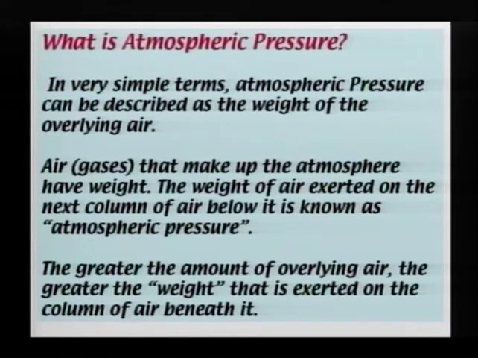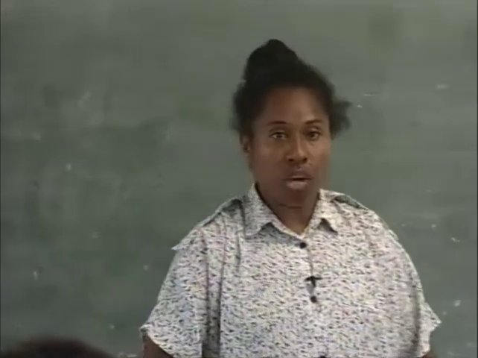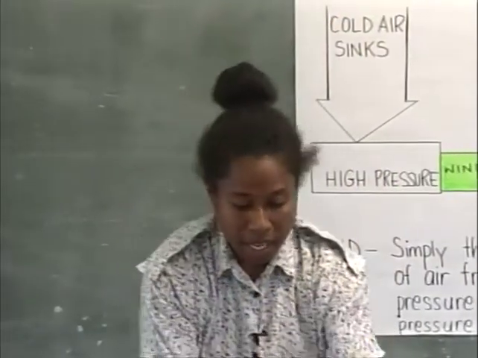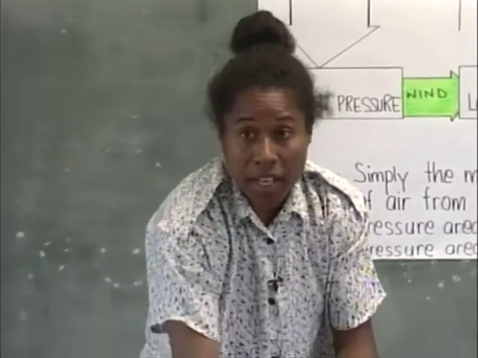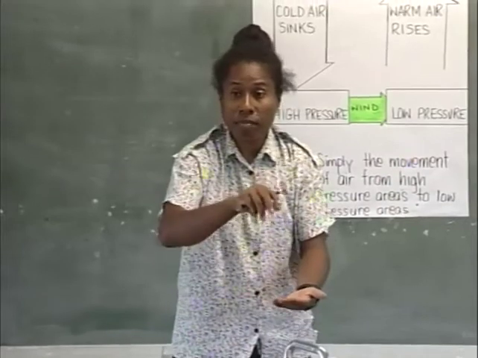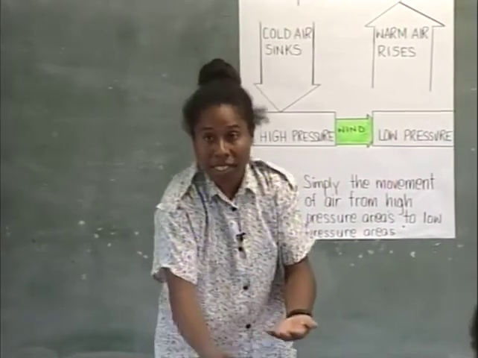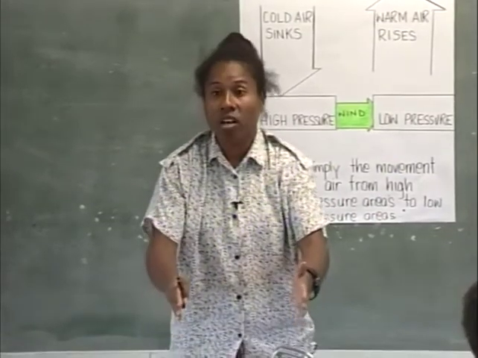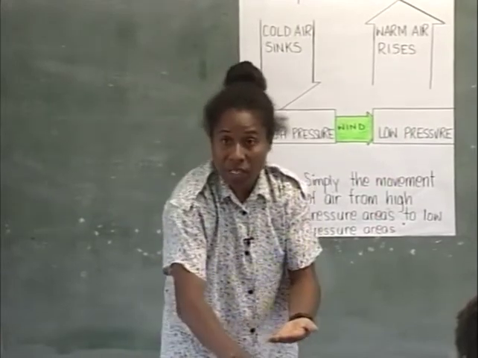The greater the amount of overlying air, the greater the weight that is exerted on the column of air beneath it. So if we're looking at this area here, and we're looking at the column of air exerted on that area, to find out the amount in terms of maybe millibars, we will need to have an instrument placed here so that we can find out the weight of the column of air above this particular instrument.